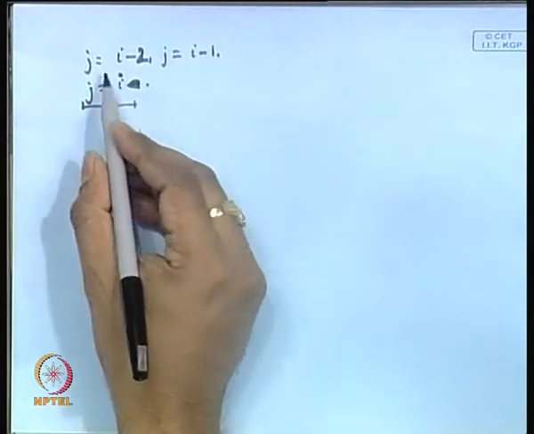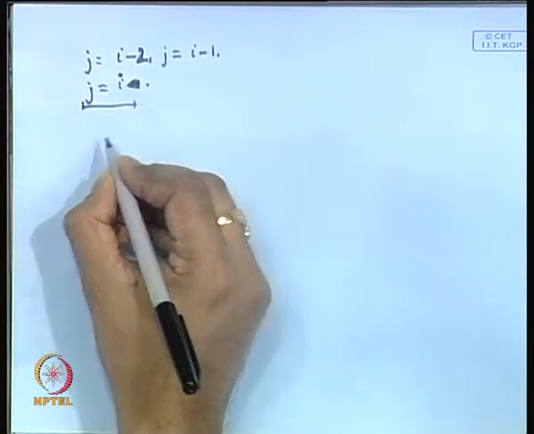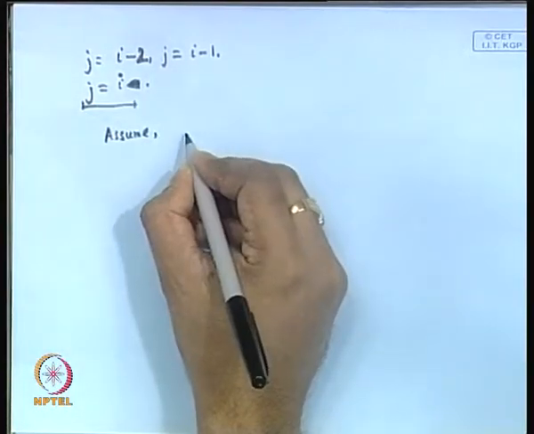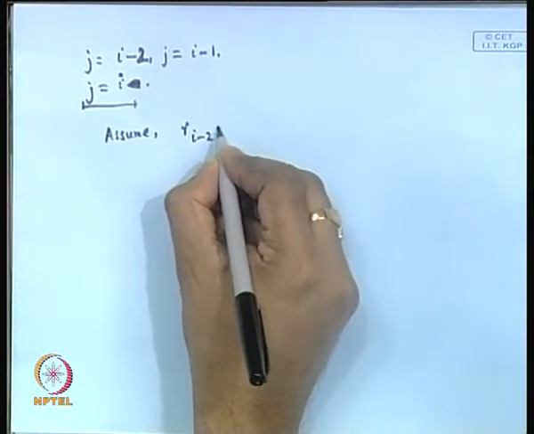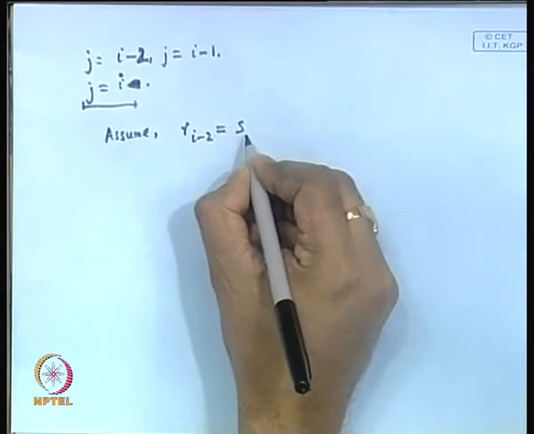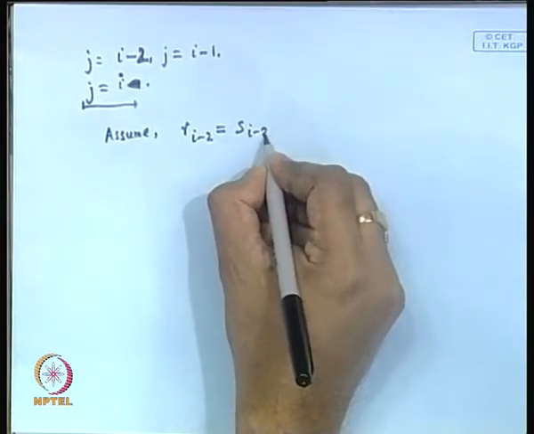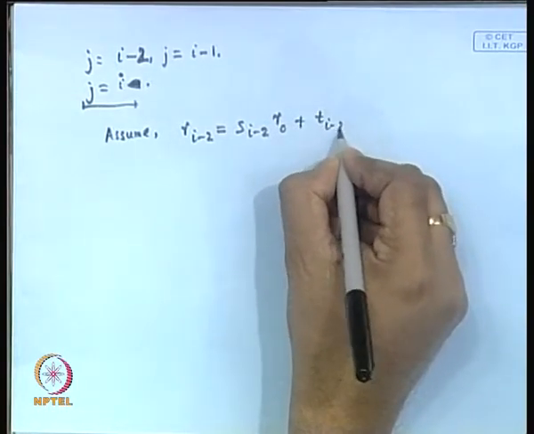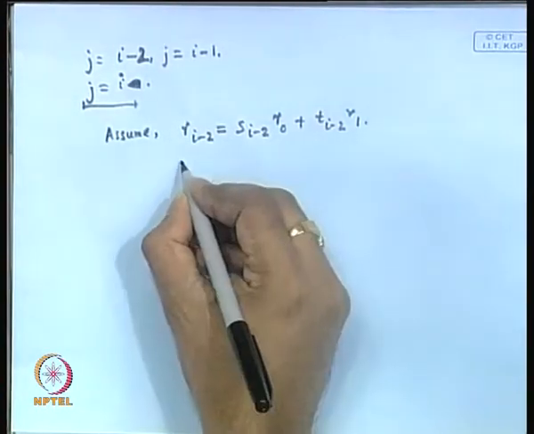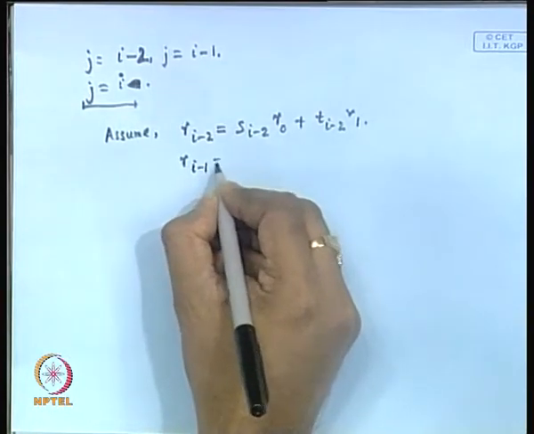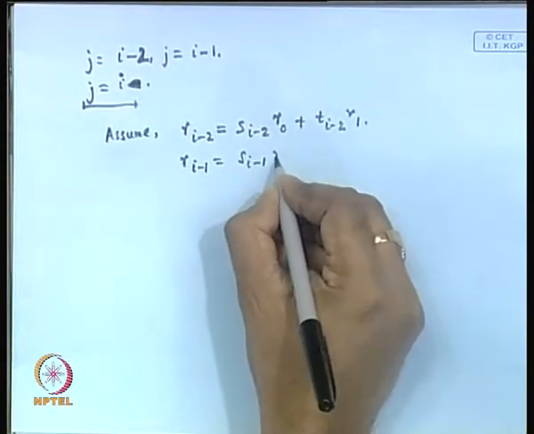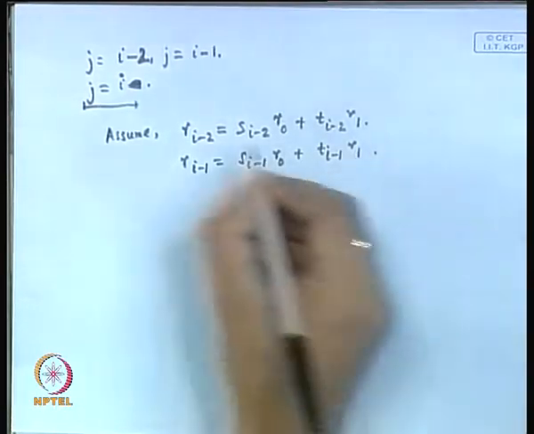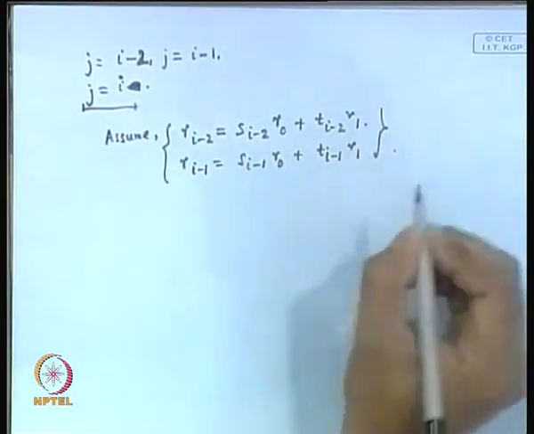So, when we are assuming for j equal to I minus 2 and I minus 1, I can assume that R I minus 2 equals S I minus 2 R0 plus T I minus 2 R1, and also R I minus 1 equals S I minus 1 R0 plus T I minus 1 into R1. So, these are two given results, okay.